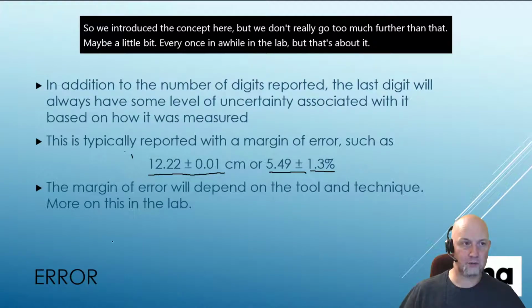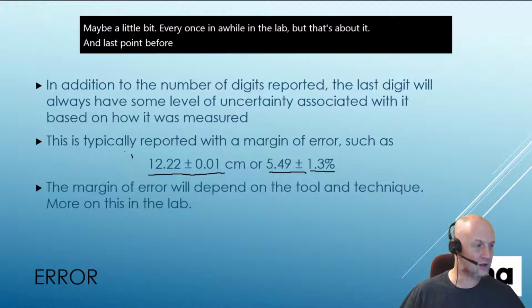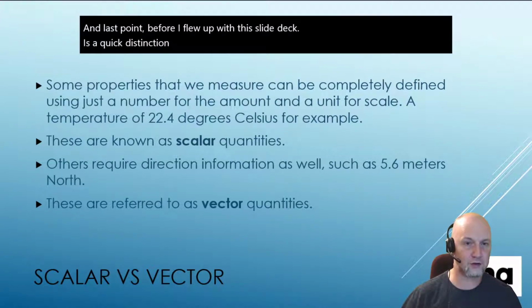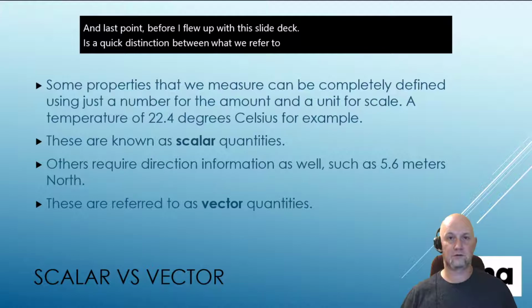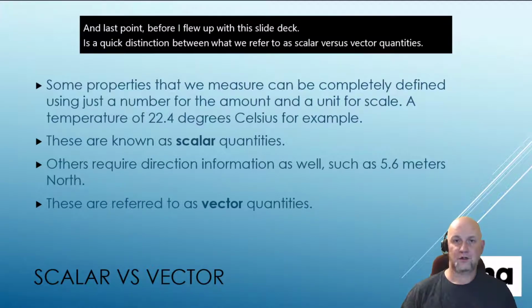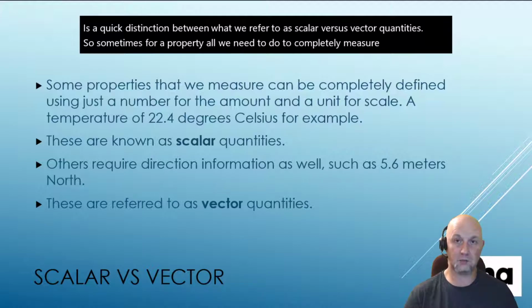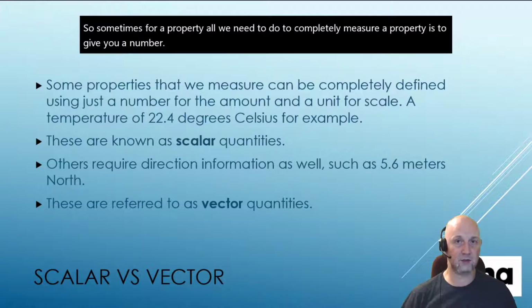And the last point before I clue up with this slide deck is a quick distinction between what we refer to as scalar versus vector quantities. Sometimes for a property, all we need to do to completely measure it is to give you a number and its associated unit.